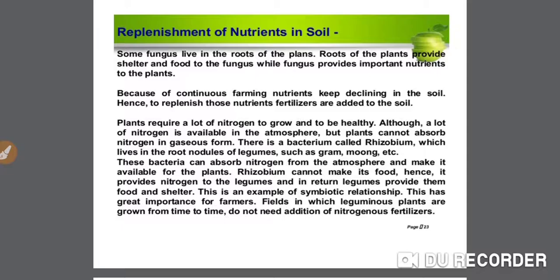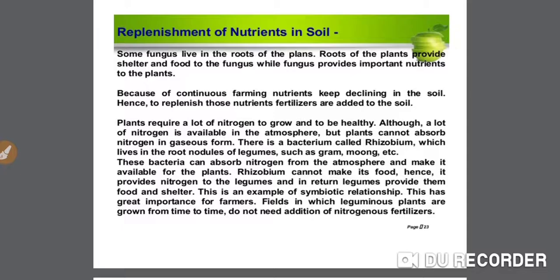Next, plants require a lot of nitrogen to grow and to be healthy. Although a lot of nitrogen is available in the atmosphere, plants cannot absorb nitrogen in gaseous form.